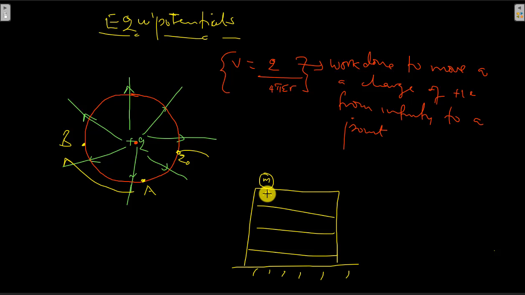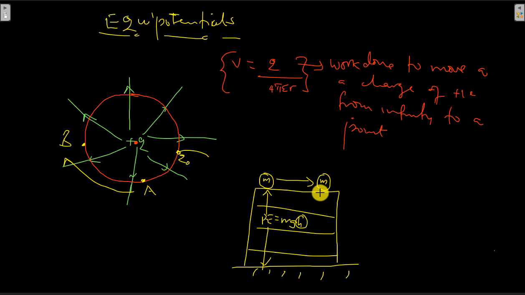It has a potential energy given by the mass times the gravitational acceleration times the height from the ground. What if I move the object up to here? Is there any change in potential energy? There isn't, because potential energy only depends on the height. As long as I'm at the same altitude, I will not be doing any work.